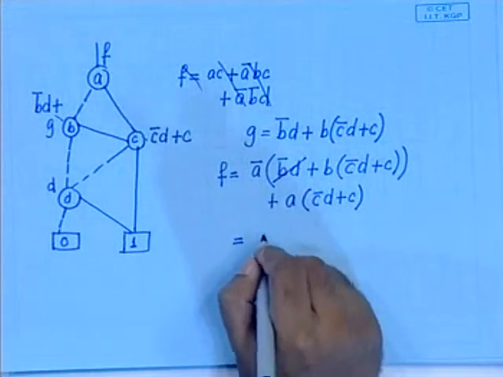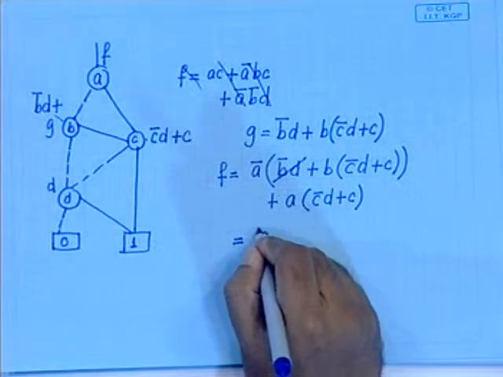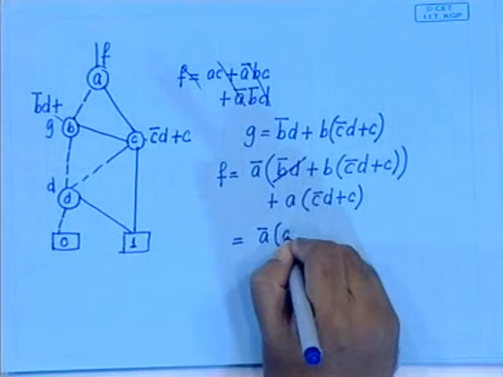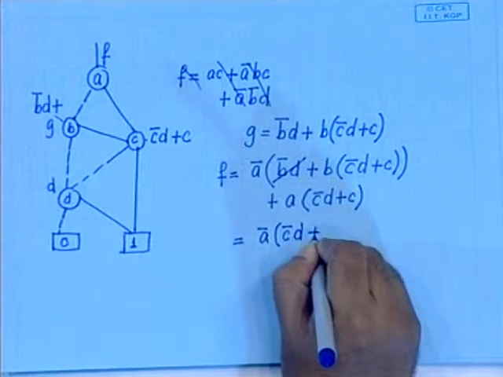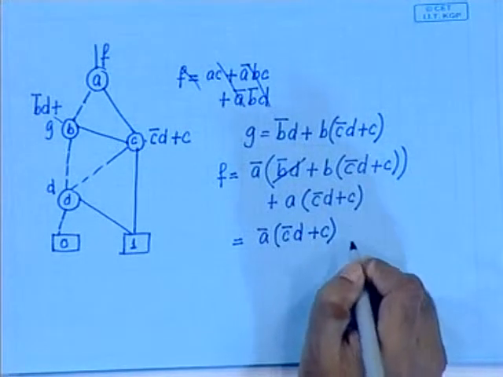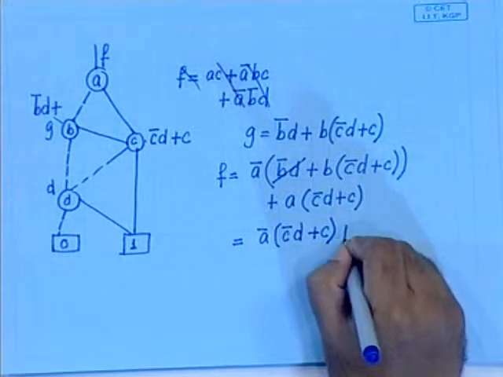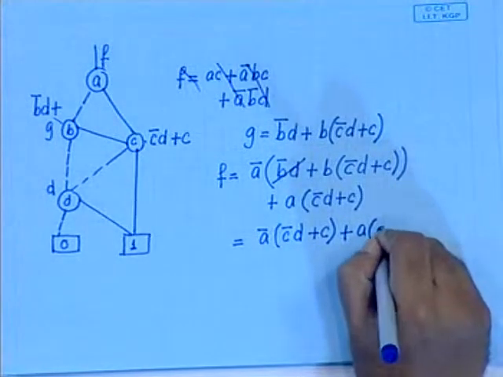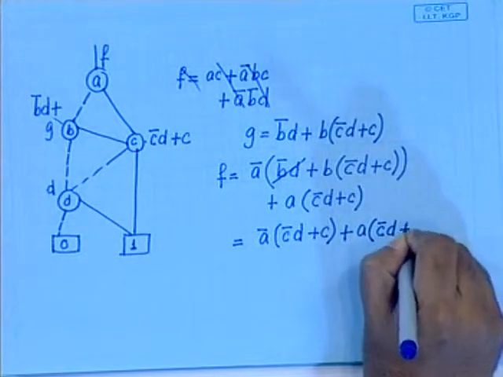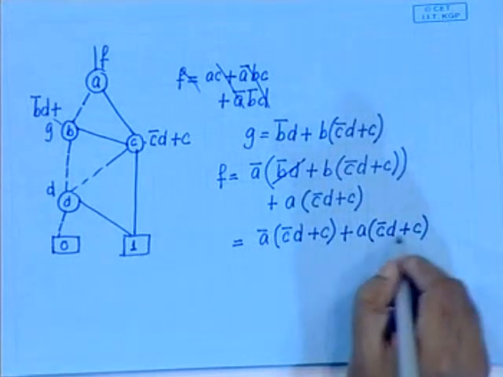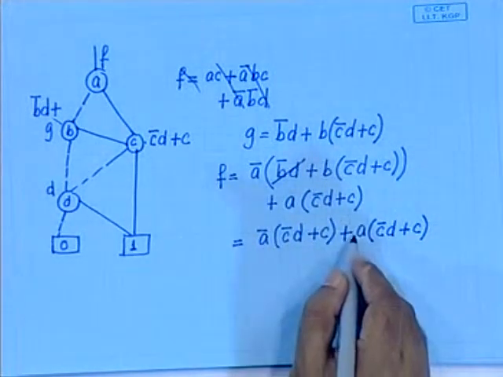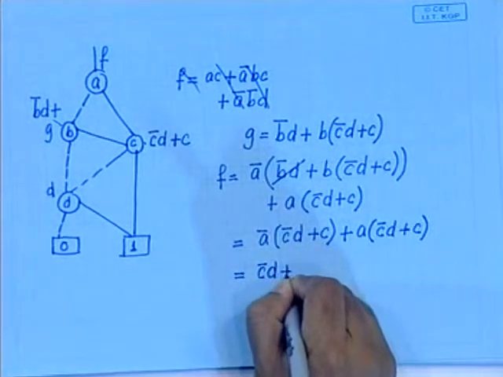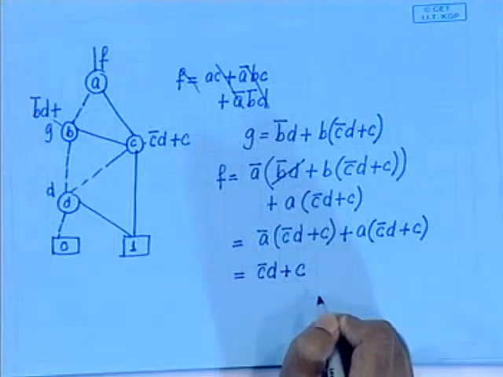So, we are going to have A bar times C bar D plus C, and this is plus A times C bar D plus C. This is A plus A bar, so it is going to drop off and we are going to have C bar D plus C, right.